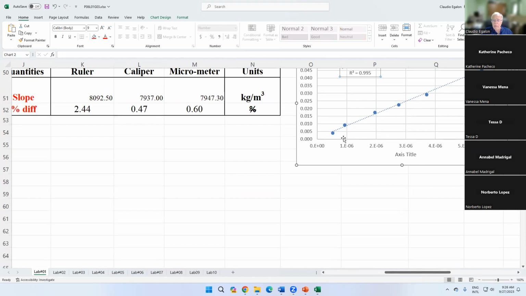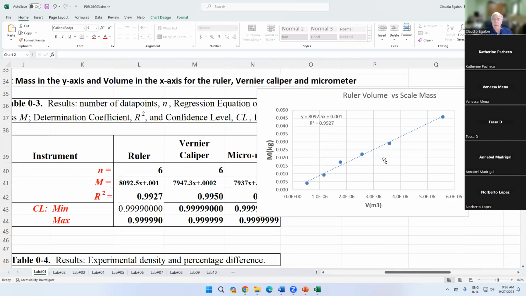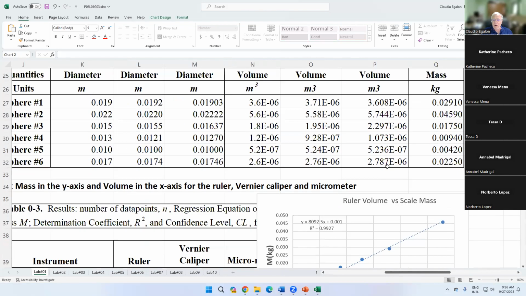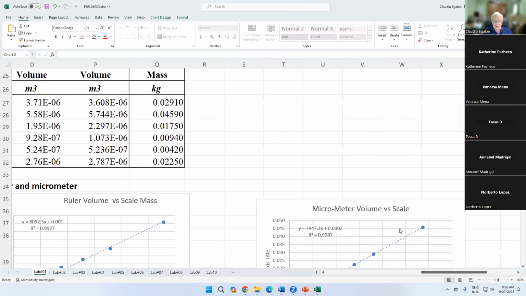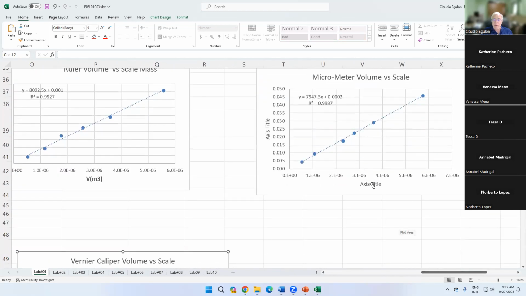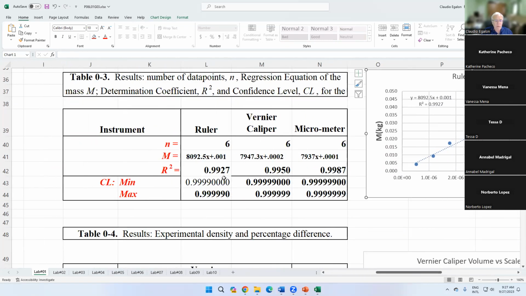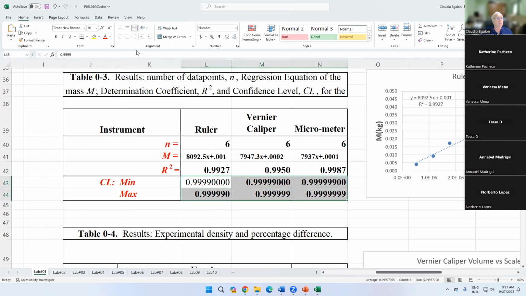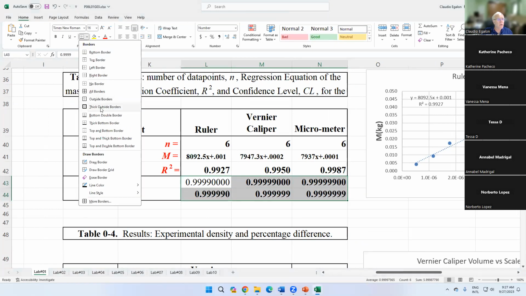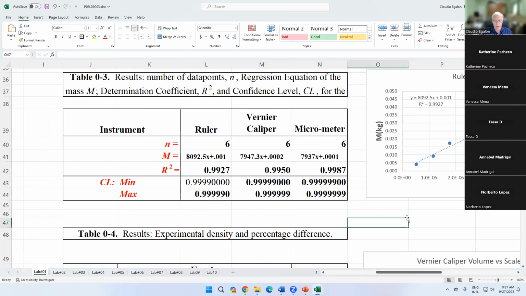And what about the axis titles, they are missing, right? Axis titles of those two graphs. And then we have the other one here. Gonna put the axis title here. Most seems to be in good shape. I do not know if the CL is correct, but most likely it is.